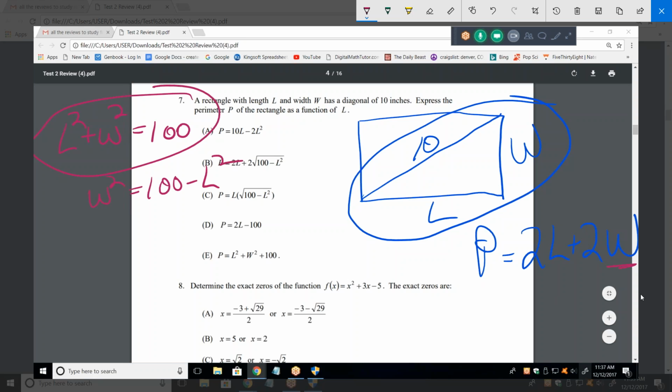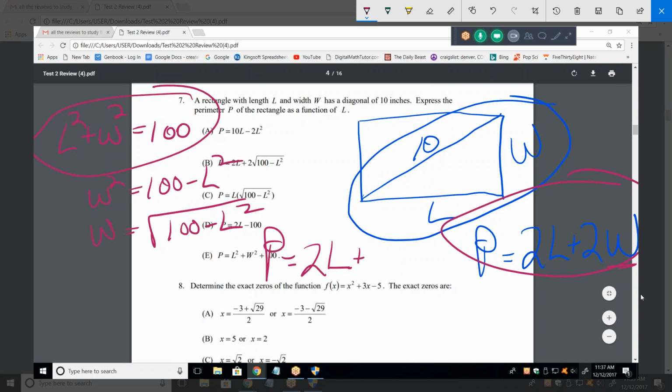Take the square root of both sides. Now plug that in for this. So we have perimeter equals 2L plus 2 times what? The square root of 100 minus L squared.